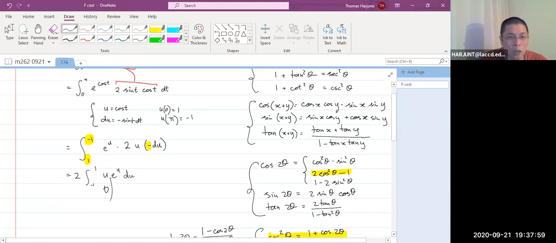This is 1, oops, that's 1, this is 0, e to the u, e to the u. So this is equal to 2 times u e to the u minus e to the u from -1 to 1.